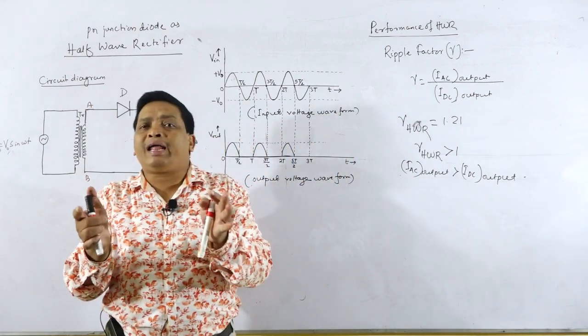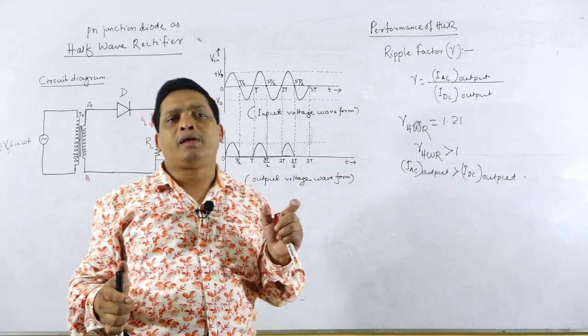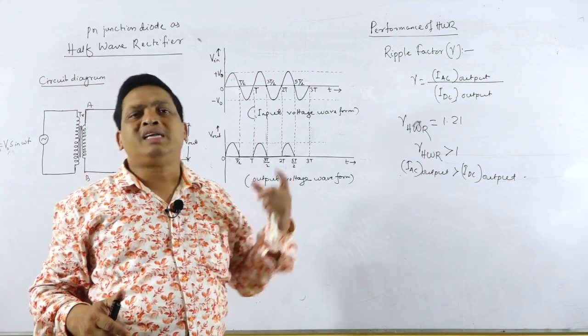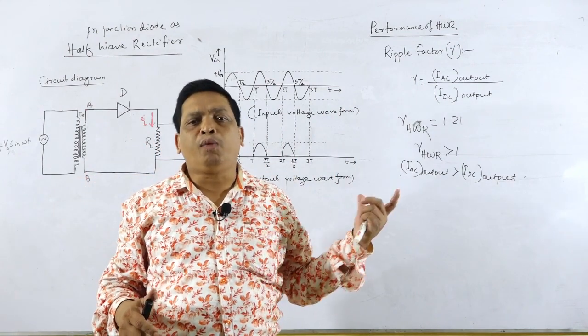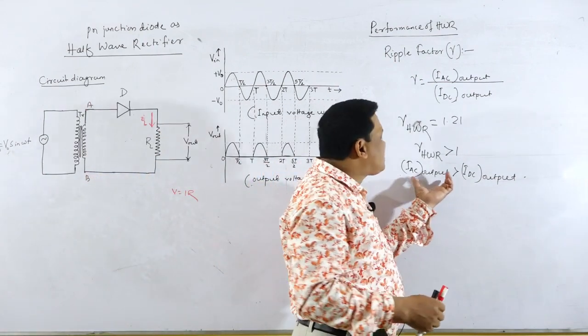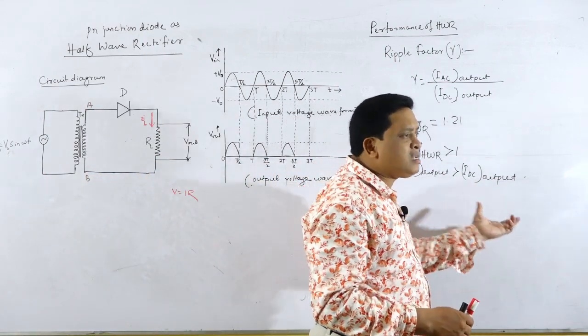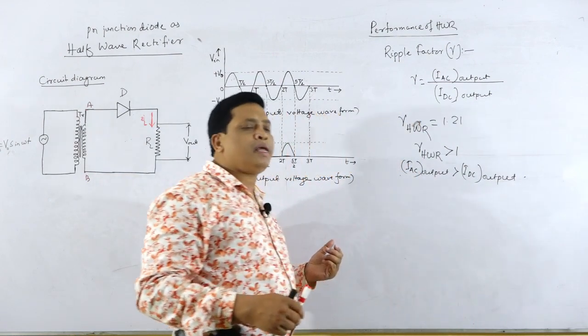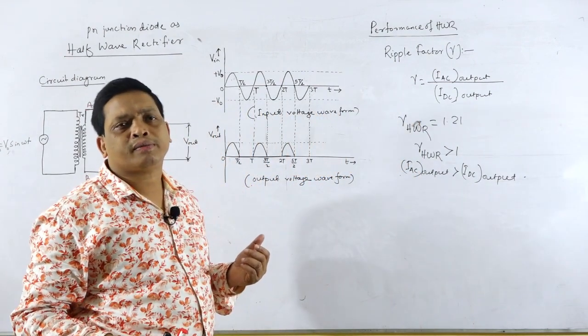But what was our aim of using a rectifier? We want more DC components at the output, but we find that we are getting more AC components than DC components at the output of the half wave rectifier circuit.